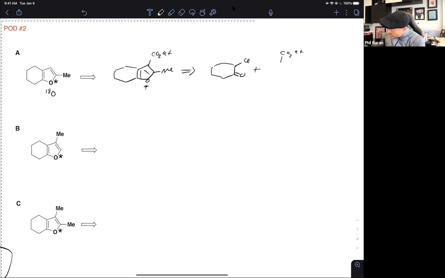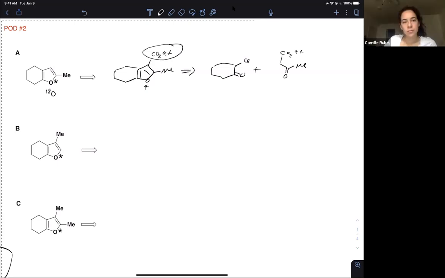Yeah. And then decarboxylation. Mm-hmm. Now, how do you get the label in? Yeah, I'm not sure. Not so easy, huh?